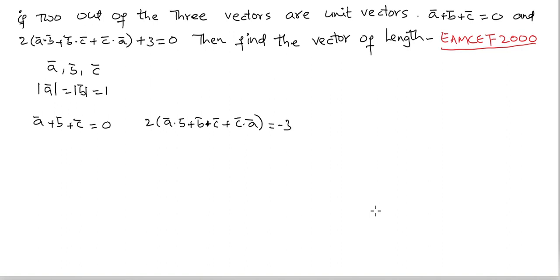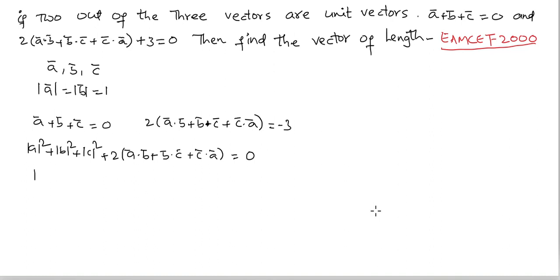So squaring on both sides, that is mod a square plus mod b square plus mod c square plus 2 into (a bar dot b bar plus b bar dot c bar plus c bar dot a bar) is equal to 0. This value is minus 3.